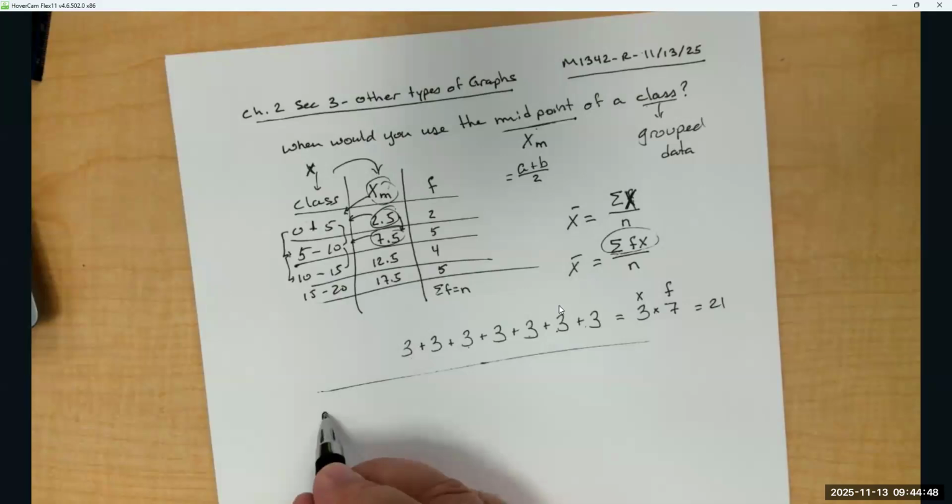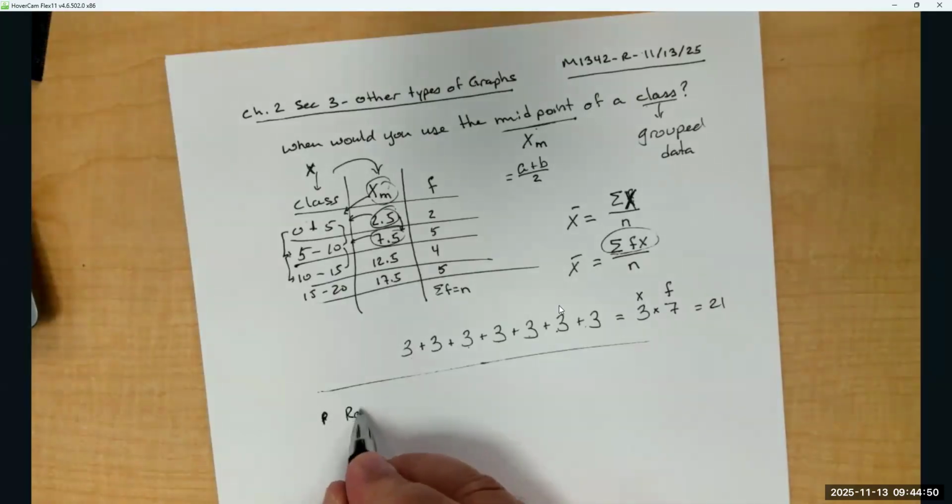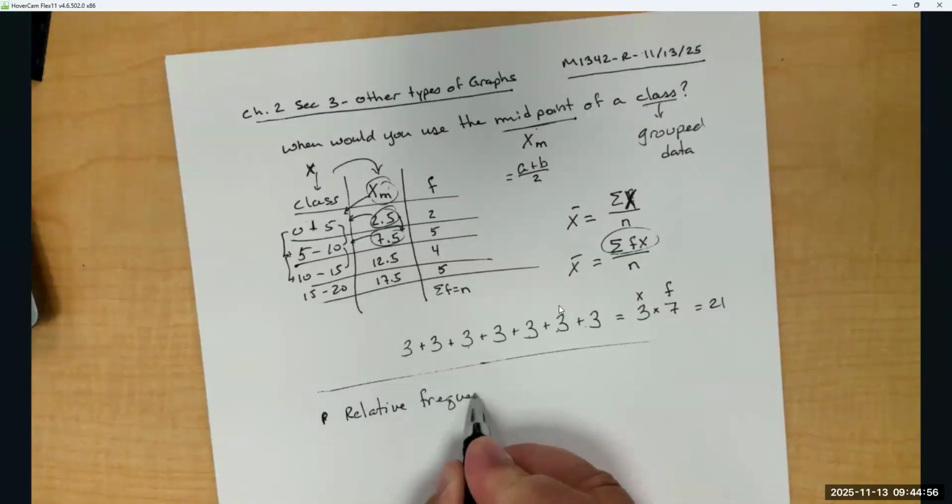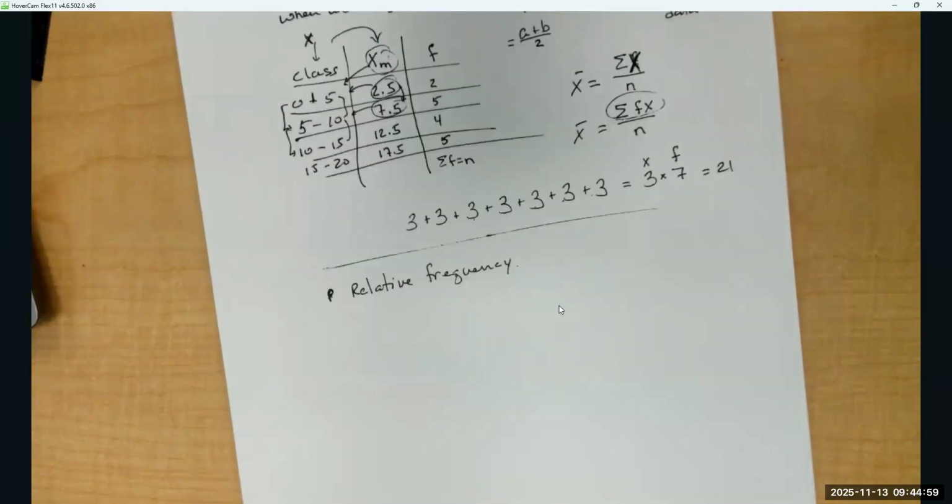Okay, so how about, what is a relative frequency? How do you find that? How do you find a relative frequency? Wow, you guys weren't joking when you said you never look at your notes.